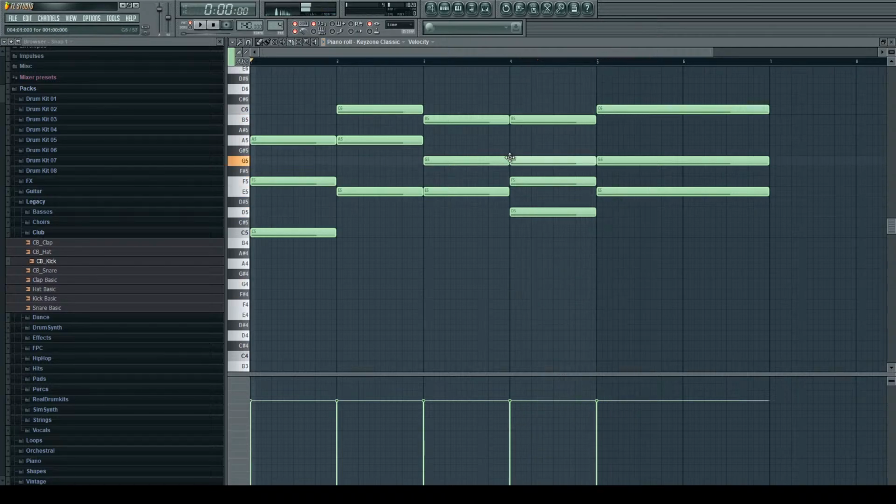Okay, let's put it here. Yeah, and then the theory again: more tension means more convincing. So this one, without the 7th.